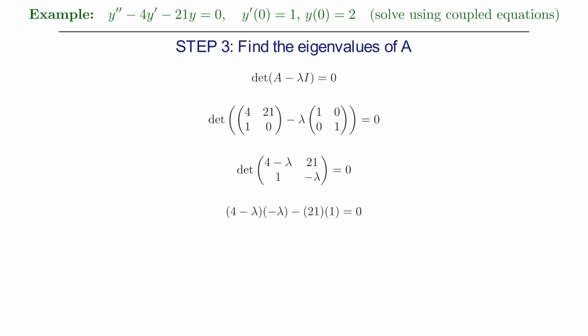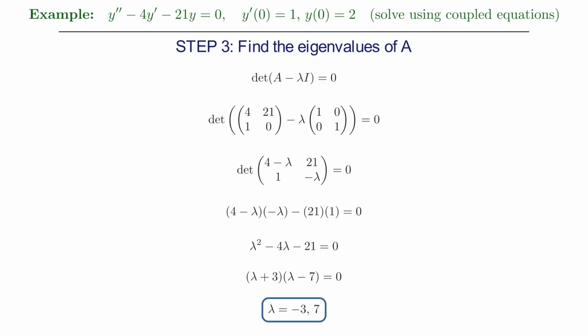So expanding the brackets, we get a quadratic: λ² - 4λ - 21 = 0. And in this case, we can factorize. So we can rewrite this as (λ + 3)(λ - 7) = 0. Solving this, we get that λ is equal to -3 or 7.